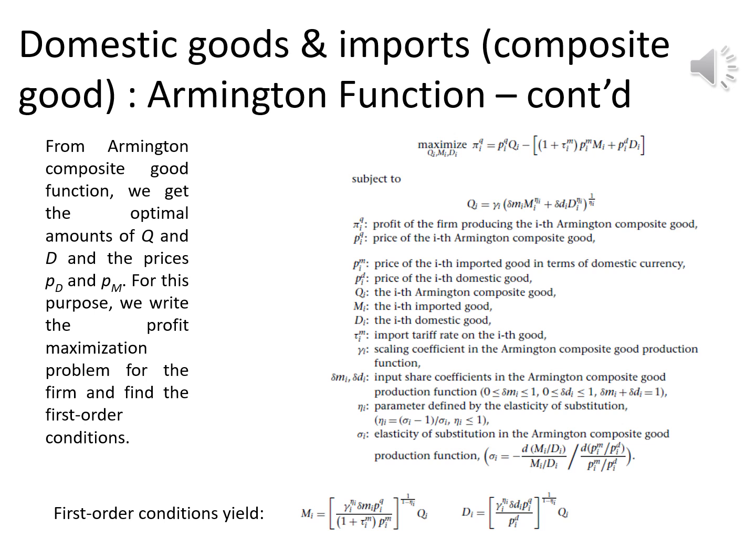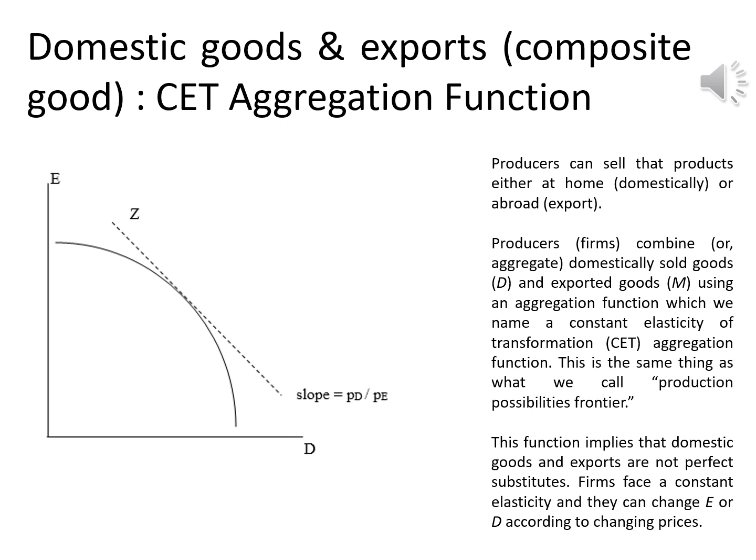So next we're going to look at the other side of production, which is another problem for the producers, which is the relation between exports and domestic goods. Here we have the domestic goods and exports function. We call it the CET aggregation function.